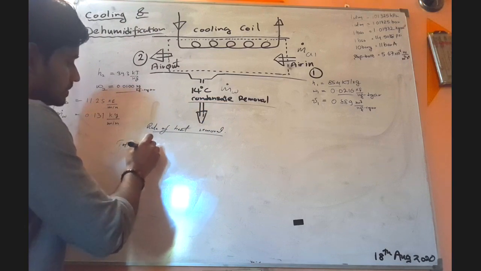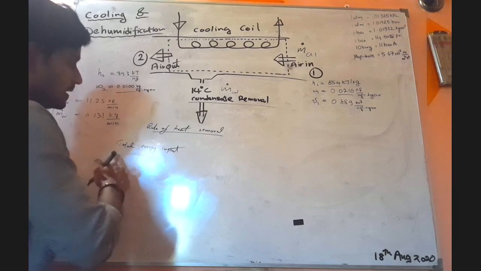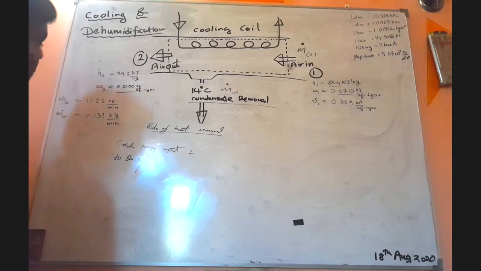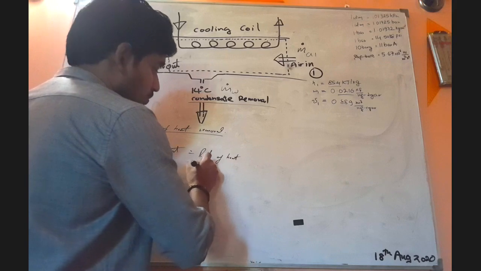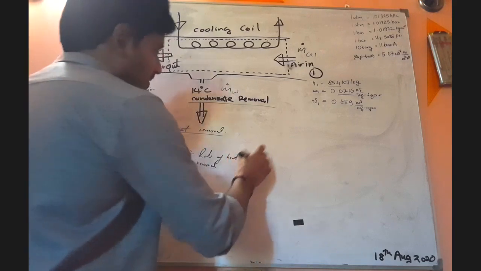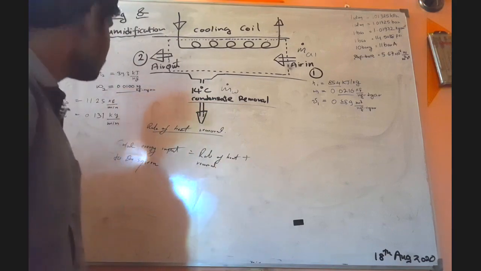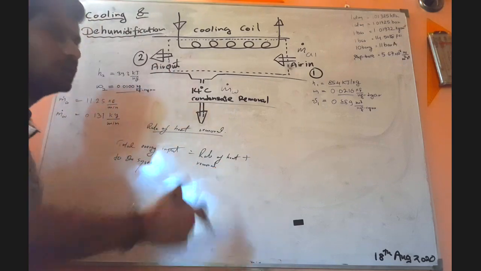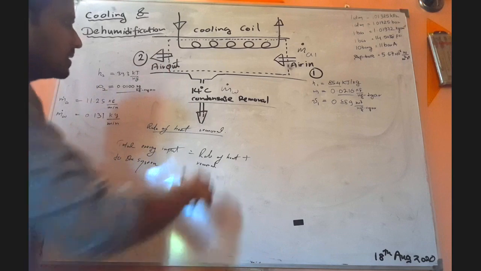Total energy input to the system equals the rate of heat removal, which is the question they asked, plus the energy available at the output, because here there are two outputs: one output over here, the other is the condensate removal.